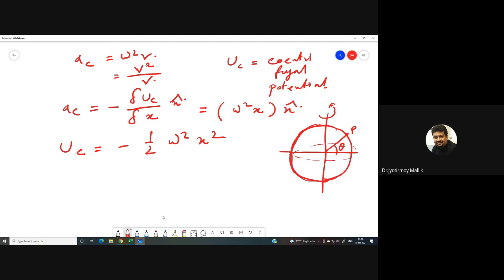What does this theta mean? It's latitude.